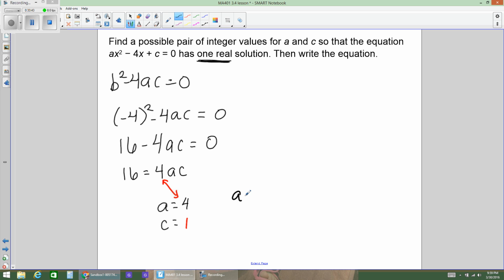Okay, think of another a value and c value. If a were 2, then 2 times 4 would be 8. So in order to make 16, c, I wrote b, but I meant c, would have to also be a 2.